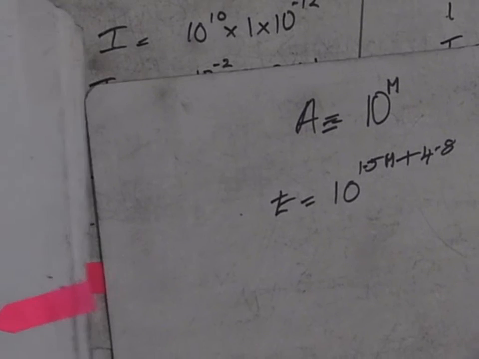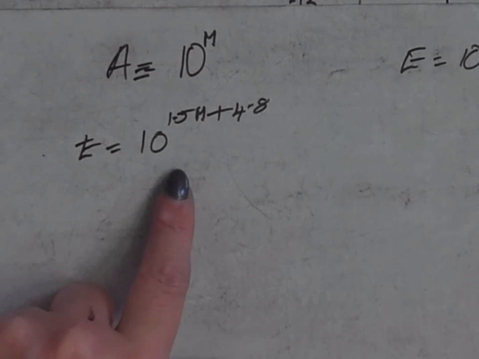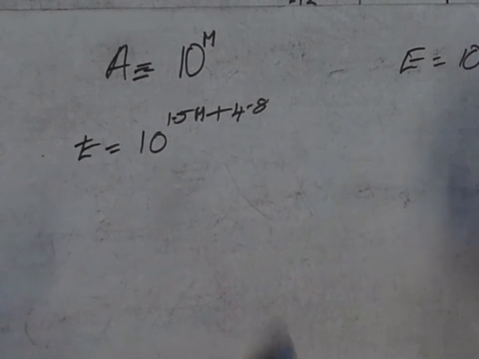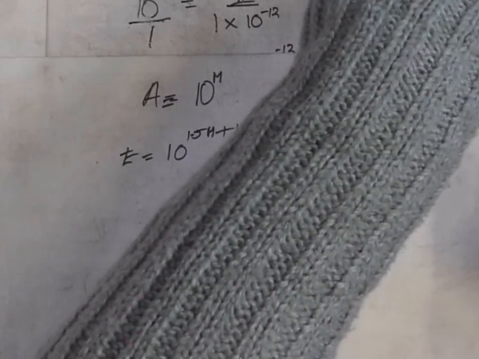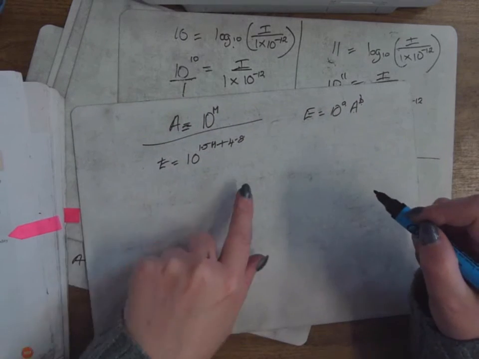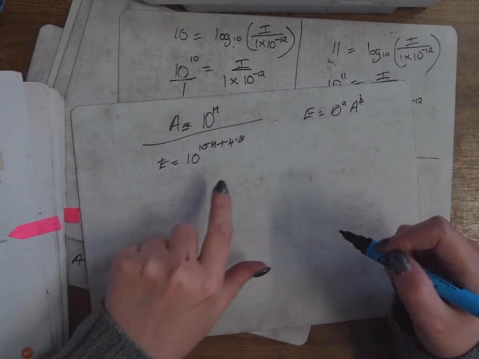Basically, they want you to start with this equation that they gave you and rearrange it so it looks like 10 to the power of a times A to the power of b. Play around with it, basically, and use your laws of indices, right? Okay, so I'm starting with this and I'm going to play around with it.